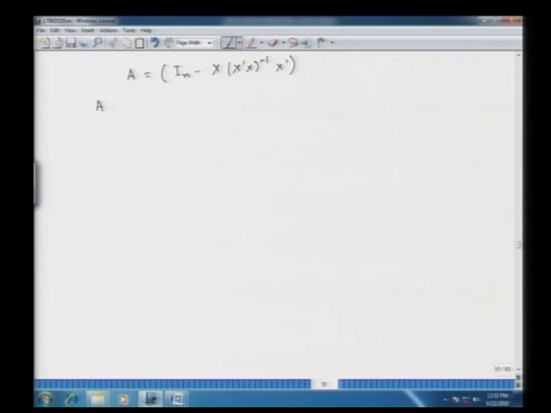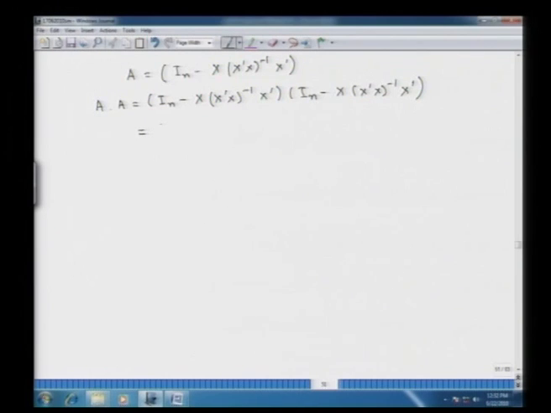So, what is A into A? That is I_n minus X (X transpose X) inverse X transpose into I_n minus X (X transpose X) inverse X transpose. So, this is basically the projection matrix.